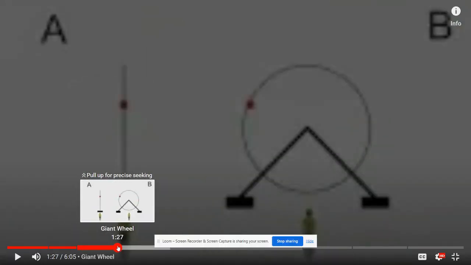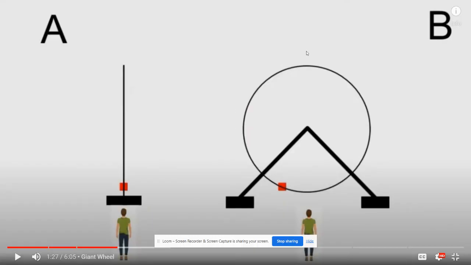Remember the motion around the wheel, if we look at it vertically, let's pretend that you're starting here. Well, that's the initial position of your vector, right? That's the initial position. And then as we go around the Ferris wheel, we're changing position, okay?